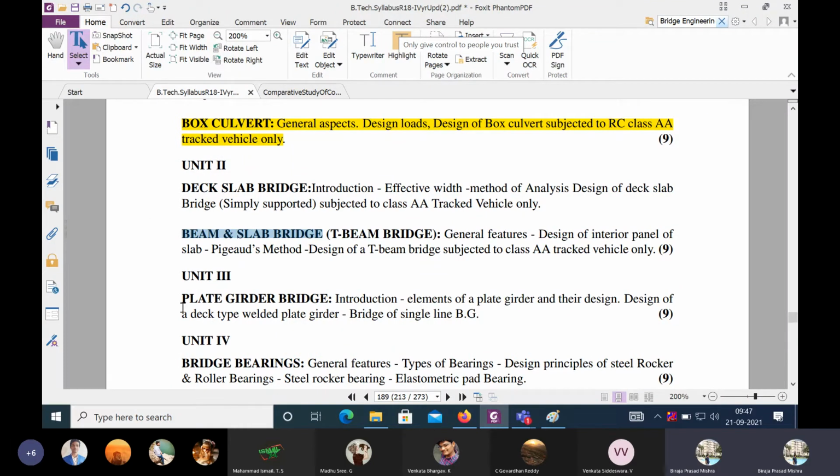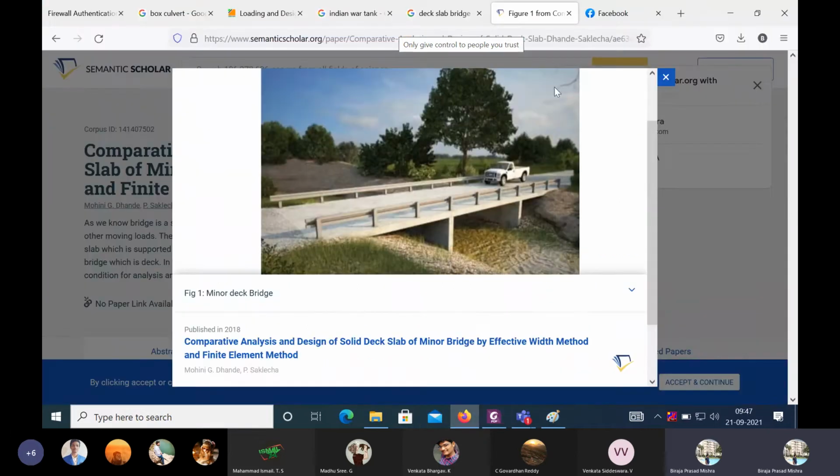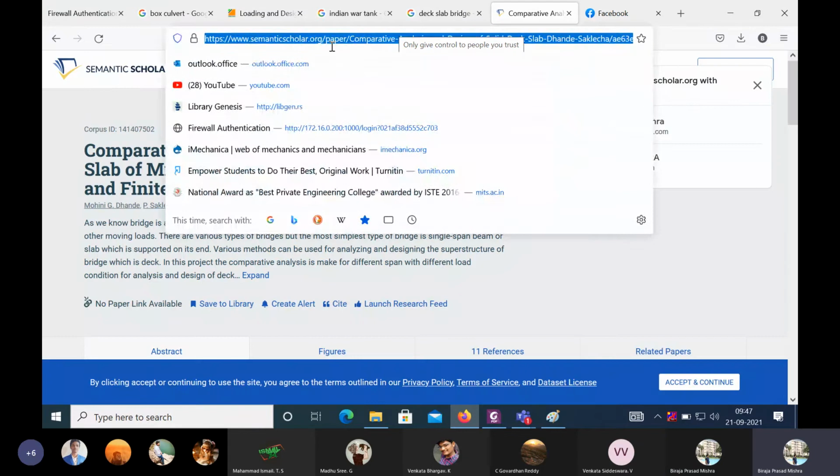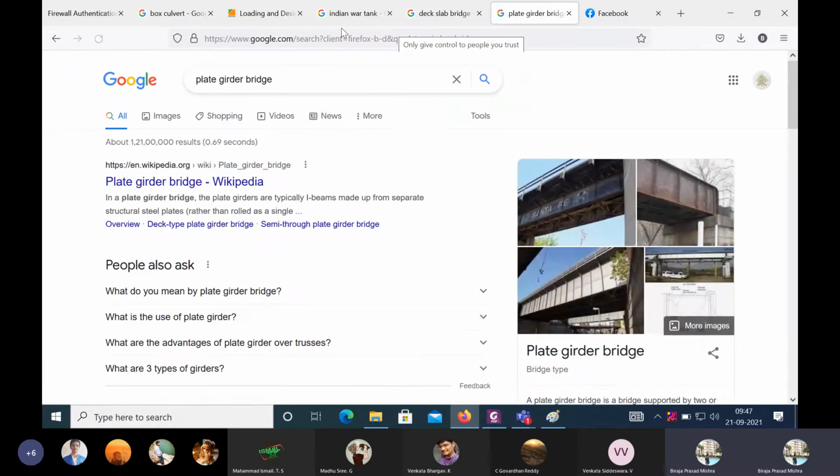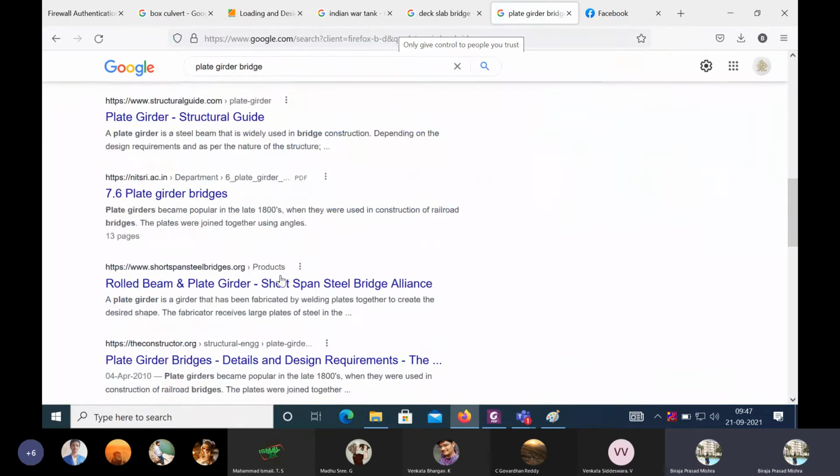Now in the third unit, we have the plate girder bridge. This plate girder bridge is generally used for a railway bridge. Now let me show you what a plate girder bridge is.